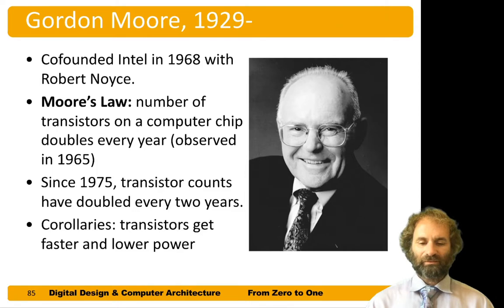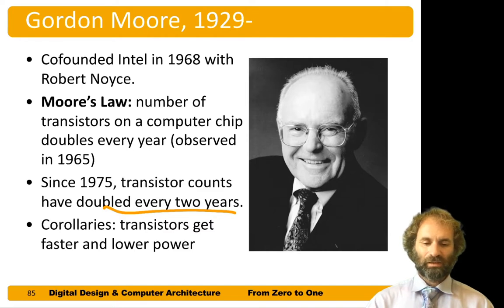So that growth doubling every year slowed down a little bit, but since 1975, the number of transistors on a chip has doubled approximately every 2 years. And so we've gone from 2 transistors on a chip in the 60s up to hundreds in the 70s, and now billions today.